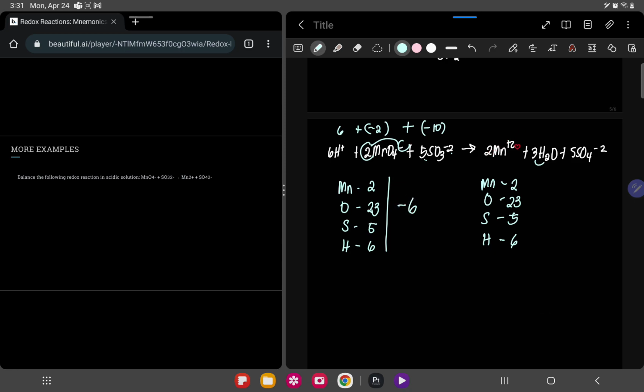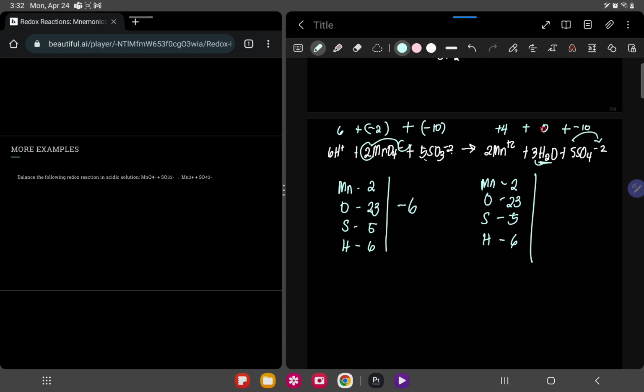For this one, it is 2 times positive 2, that will be positive 4, plus this one is 0 since water is stable and it is inert and it has 0 charge. And then we have 5 times negative 2, that will be negative 10.